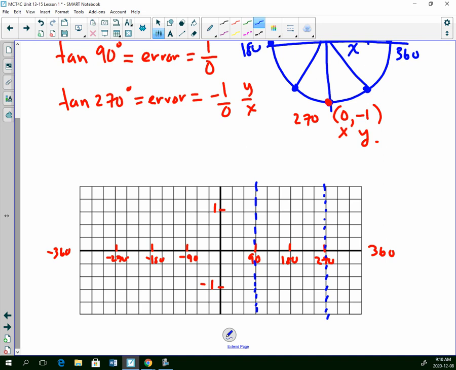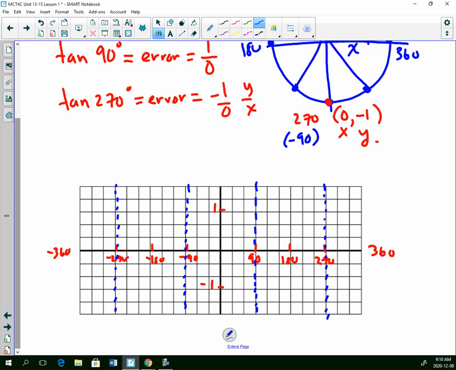And then that would happen if we went the other way. If we went in the negative direction, that would happen at -90, and then at -270. So -90 is the bottom of the circle, right? 270 is the same as -90, just in the opposite direction.